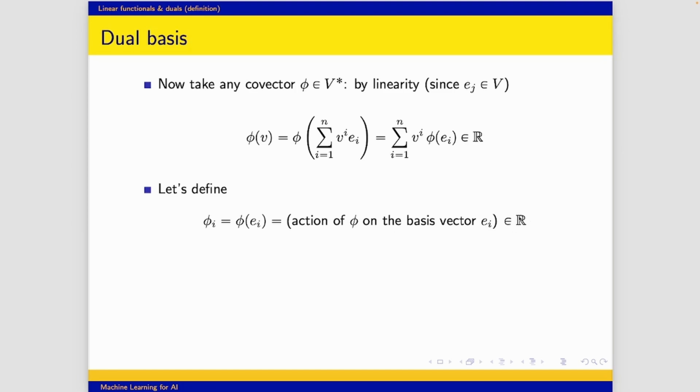And I reiterate, this is just a number because we've got a linear functional acting on a vector in V. By definition, that gives us a number. Then necessarily, going back to this, phi V has this form. So the action of phi on a vector must have this form where we've got the coordinates of our vector V times the action of phi on the ith basis vector for V.